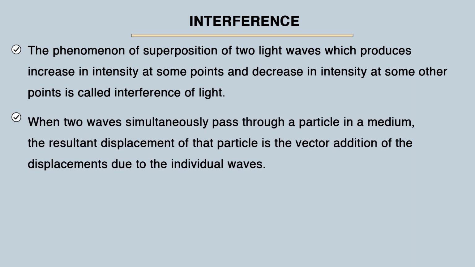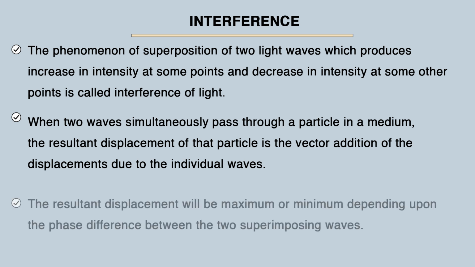When two waves simultaneously pass through a particle in a medium, the resultant displacement of that particle is the vector addition of the displacements due to the individual waves, and the resultant displacement will be maximum or minimum depending upon the phase difference between the two superimposing waves.